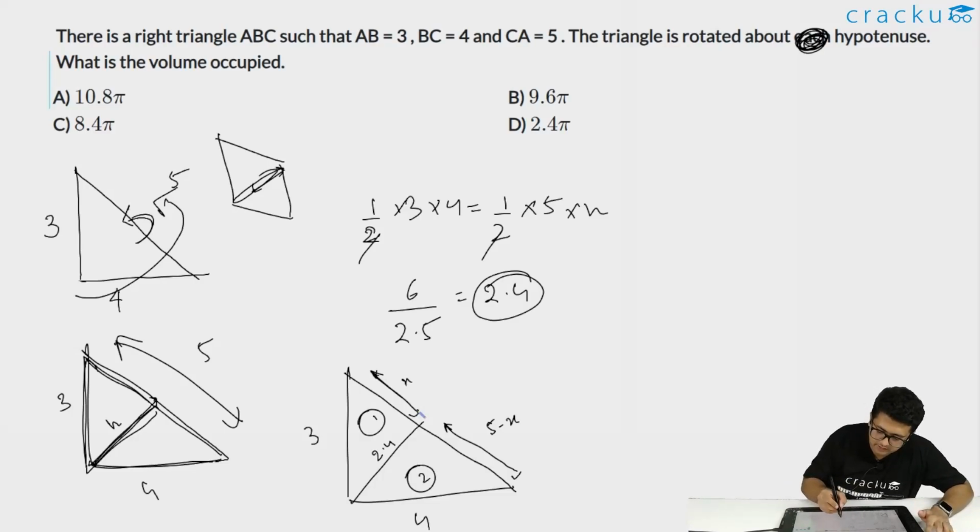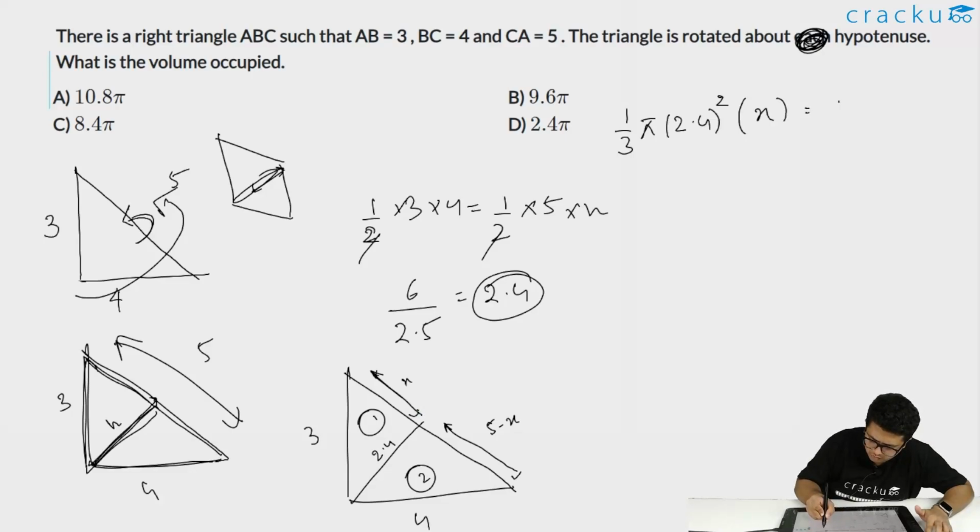Now the total volume would be volume of this plus volume of this. Writing the equation, we get 1 by 3 pi r square, with r equal to 2.4, into h, which is equal to x. This is volume 1. The volume for the second cone will be 1 by 3 pi into r square into h, which is 5 minus x, equal to volume 2.